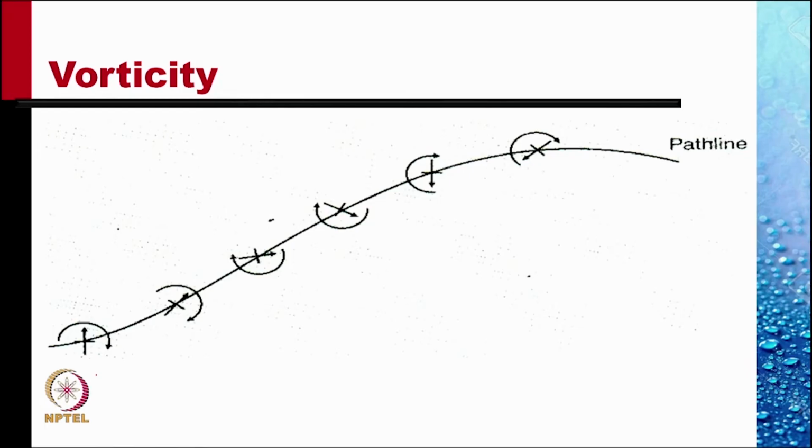The rotation is recognized by representing this fluid element with two lines crossing one another, and one of the lines carries an arrowhead. And so clearly we can see the particle is rotating as it moves along its path line.